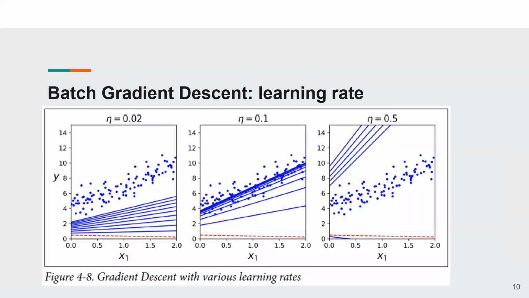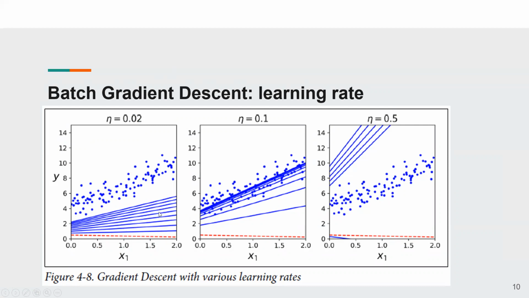Here we want to illustrate that the learning rate could be an important factor, as we saw earlier. It could be too slow or could be jumping around and cannot find the minimum solution. When eta is only 0.02, it is trying to approach, but it's just updating and takes a while.